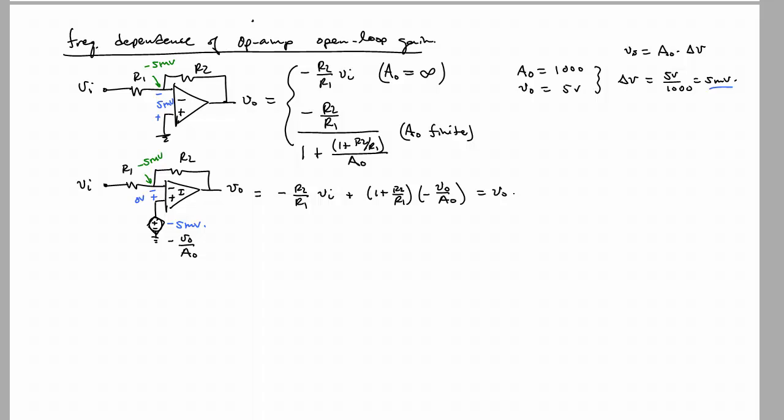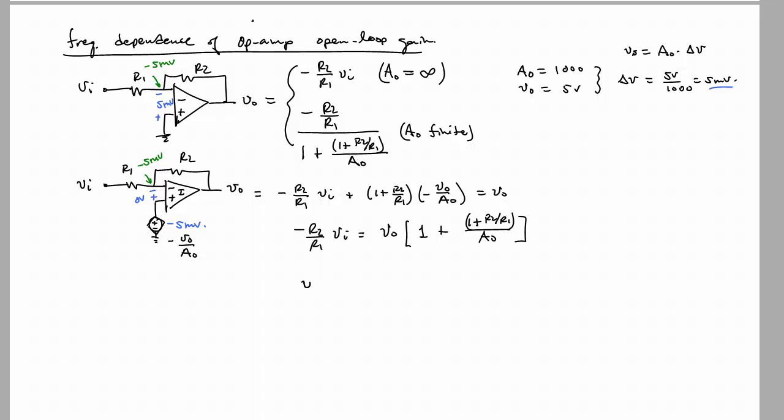So what we need to do is collect VO. So we have minus R2 over R1 VI is equal to VO times 1 plus, what do we have? 1 plus R2 over R1, that whole quantity, over A naught.